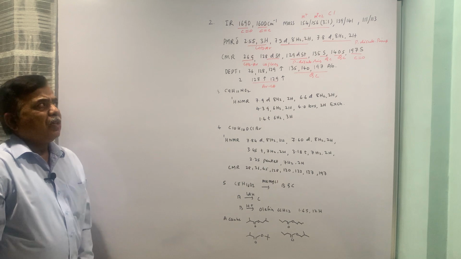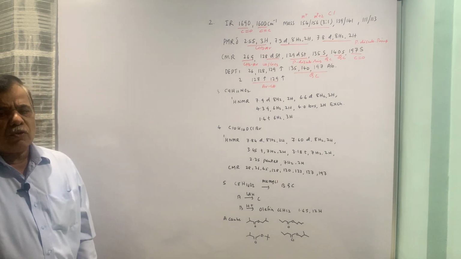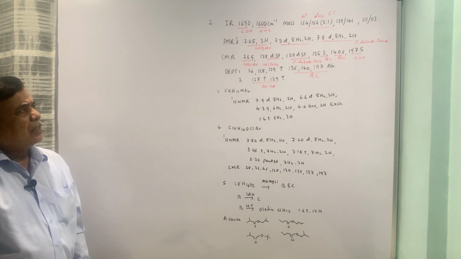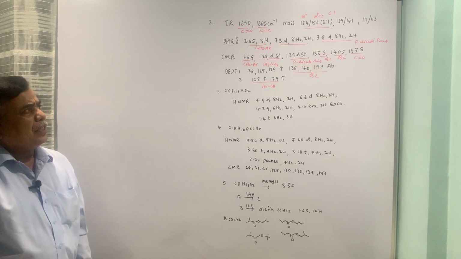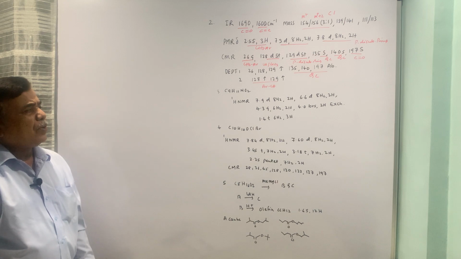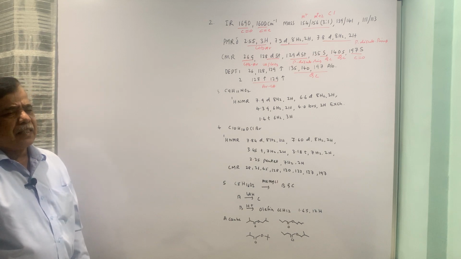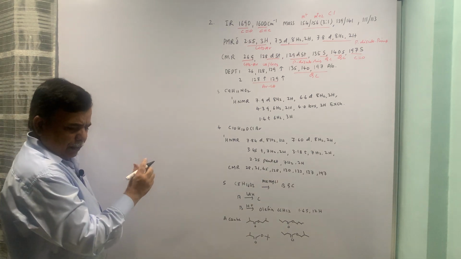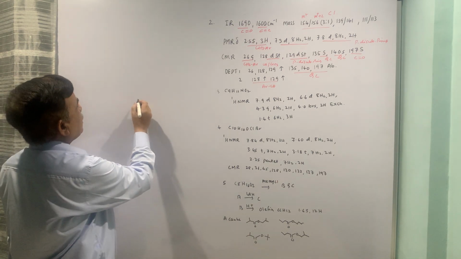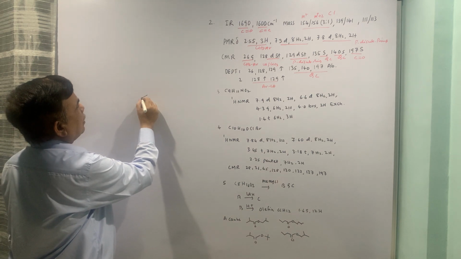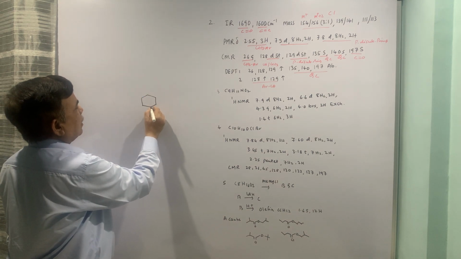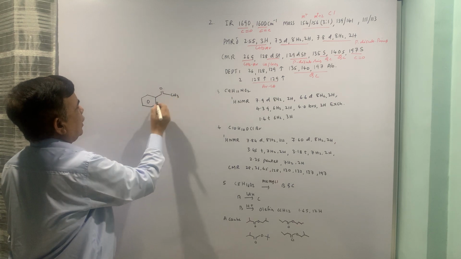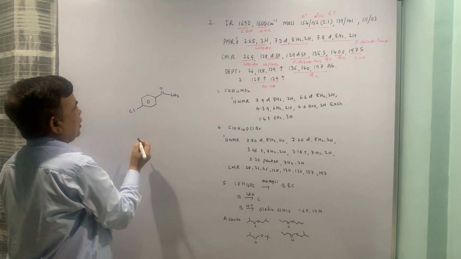In case of chlorine, two isotopes are there. Chlorine 35 is 3, chlorine 37 is 1, and that's why the average weight of Cl is taken as 35.5. Now if I put the things together for that mass, the structure comes out to be this one, where ketone is explained and halogen is also explained.